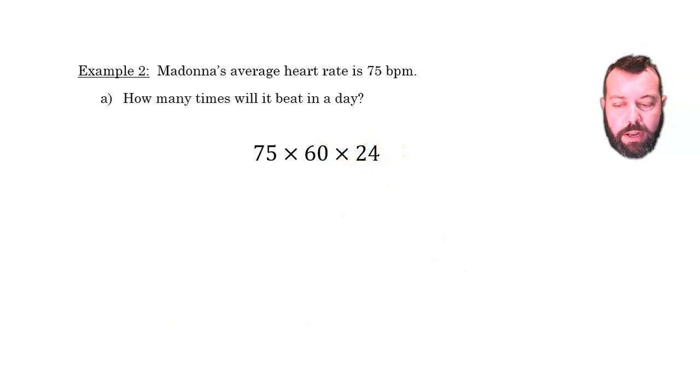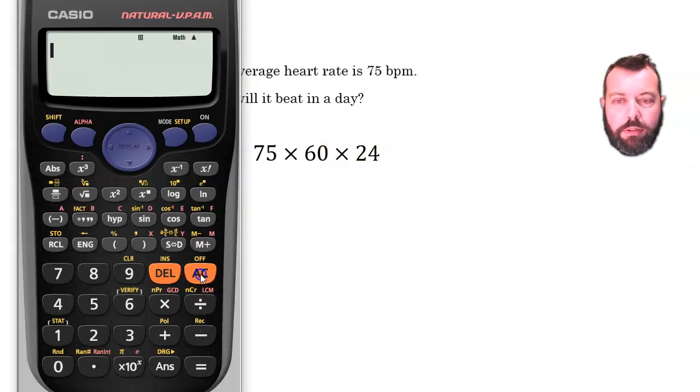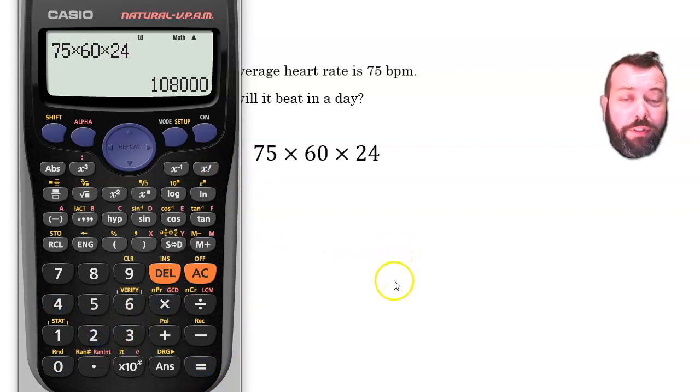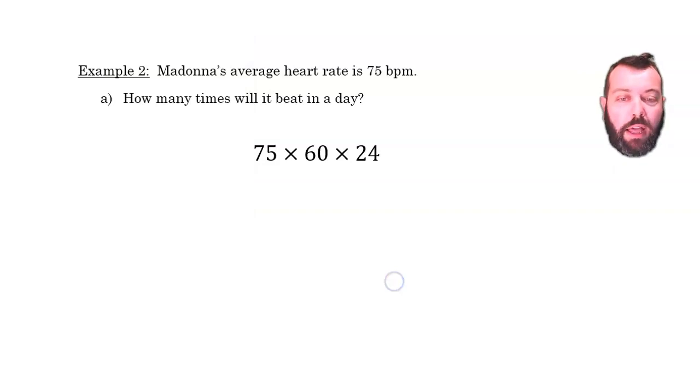Let's pull up the calculator again. 75 times 60 times 24 gives us a grand total of 108,000 times in a day. Now that's pretty normal. 75 beats per minute is not terribly fast. So your heart beats approximately 100,000 times a day, or at least Madonna's does.